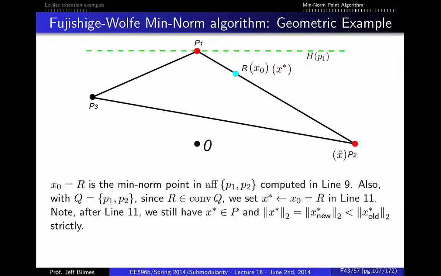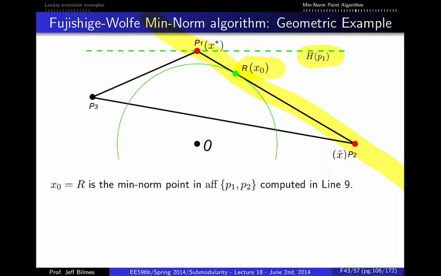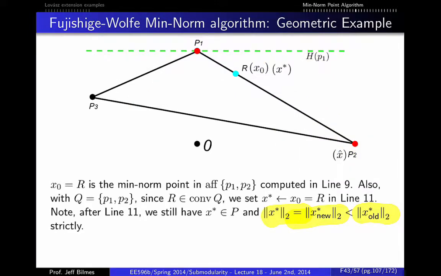And the other thing to note is that after line 11, we still have that X star, of course, is in P. But we also have that the 2 norm of the new X star is going to be strictly less than the old X star. And why is that? Because if you look at that circle versus this other circle, we've shrunk the 2 norm. That's good news.